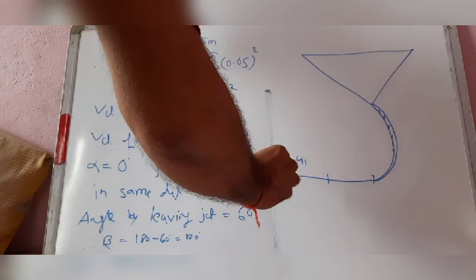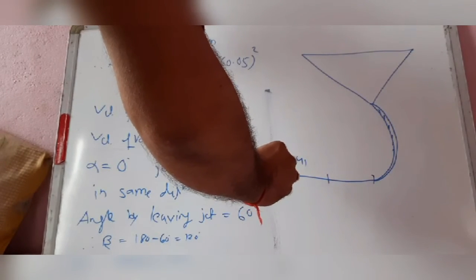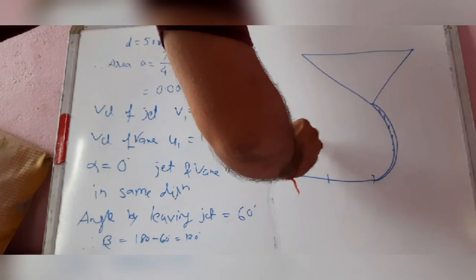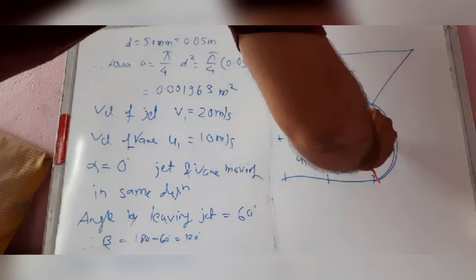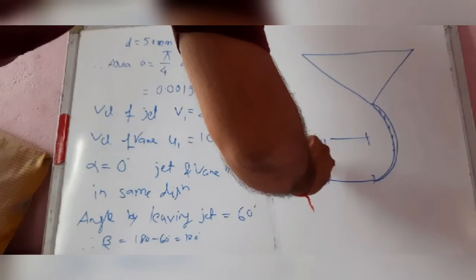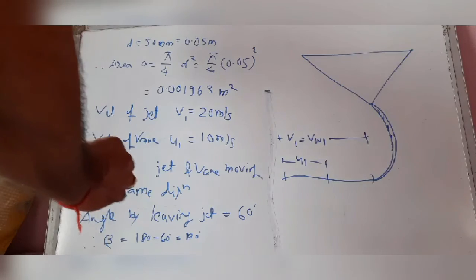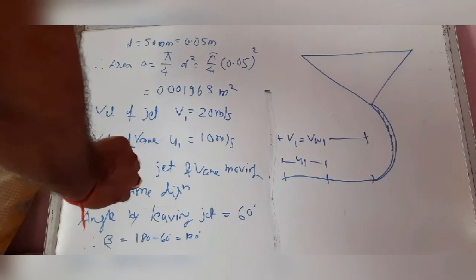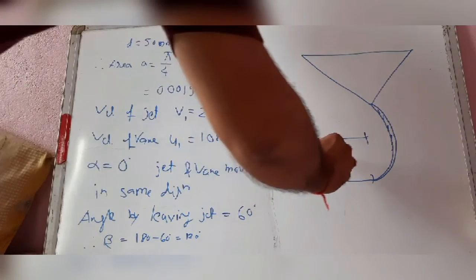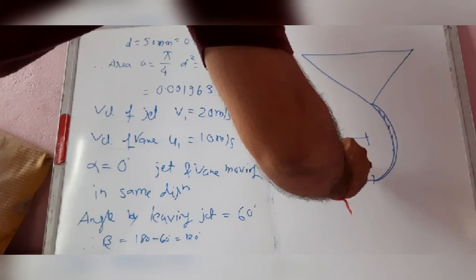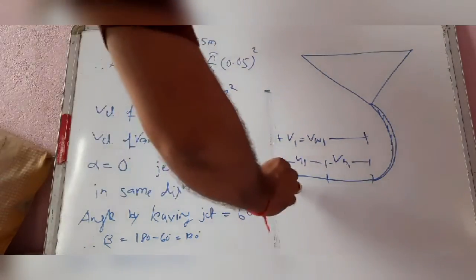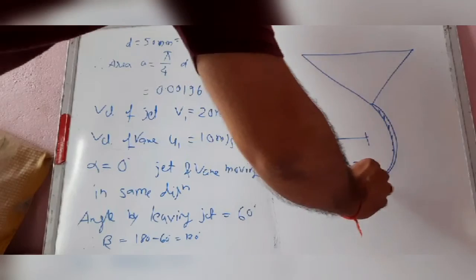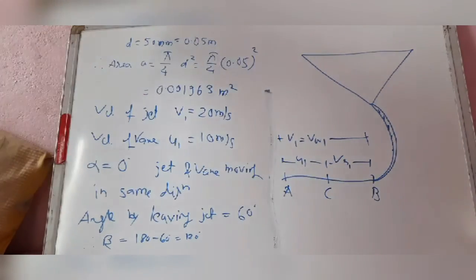This one is U1, this overall V1 is equal to VW1, and this is VR1. Everything is in a straight line. This is A, C and B.